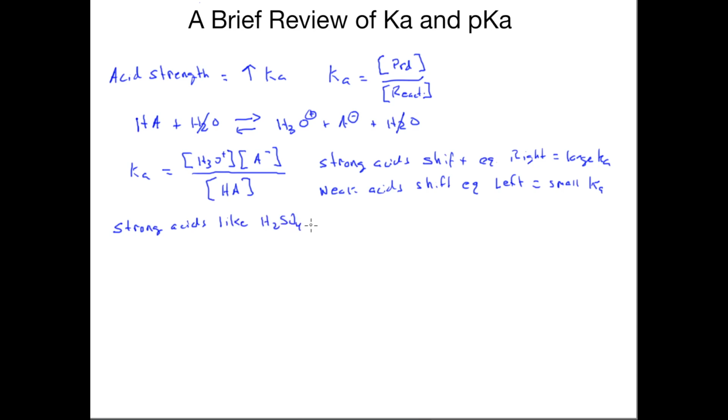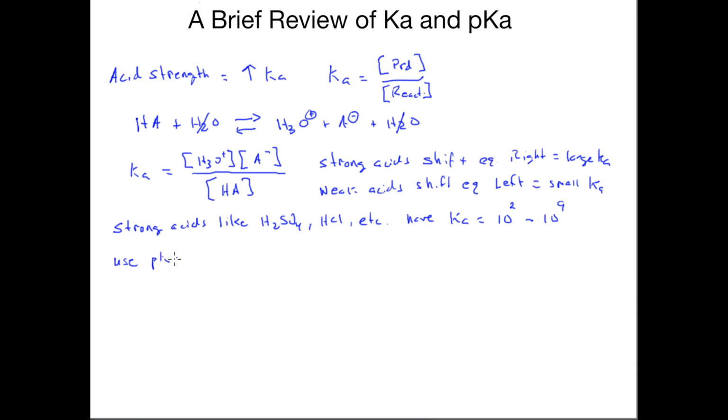Like sulfuric acid, HCl, all the different strong acids, they have Ka values that are like 1 times 10 to the 2, up to 1 times 10 to the 9, sorry, excuse me. And so those are very large numbers, and so it often becomes a pain to write out those numbers all the time, right?